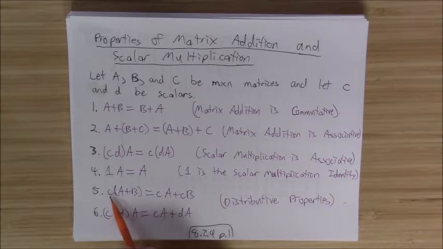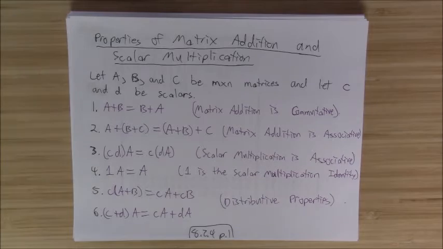We have both that the scalar multiplication by C distributes into the matrix addition. We also have that the scalar multiplication of C plus D distributes into A, or namely A distributes sort of backwards into the scalar addition.